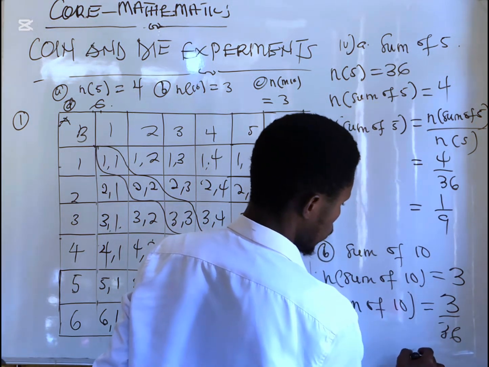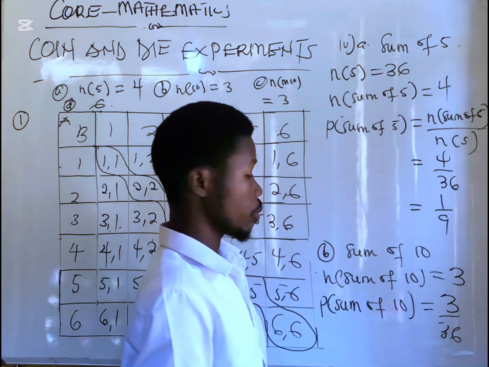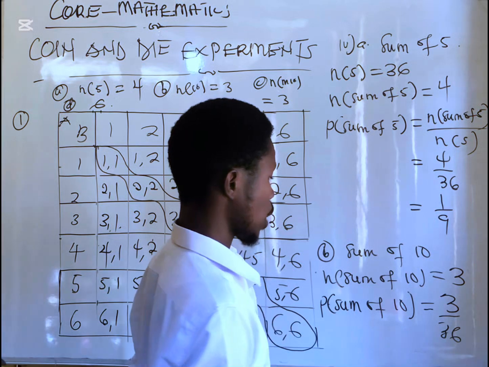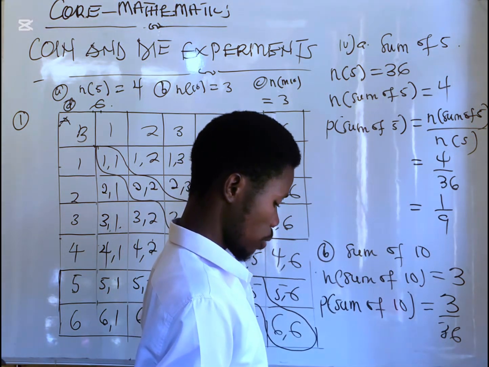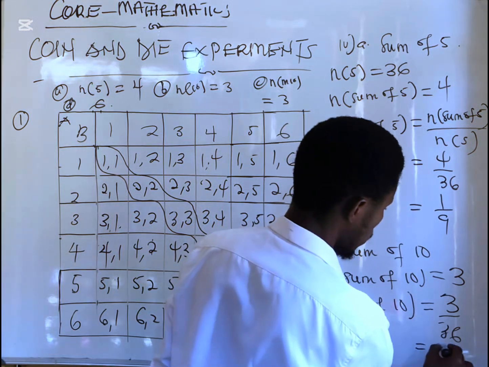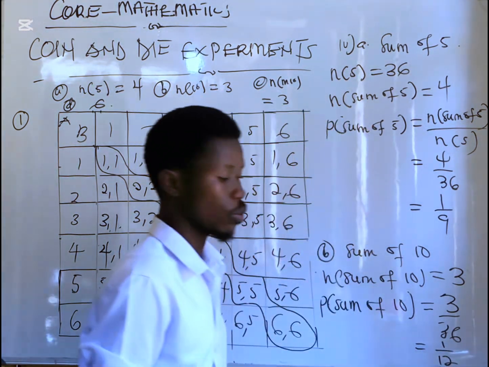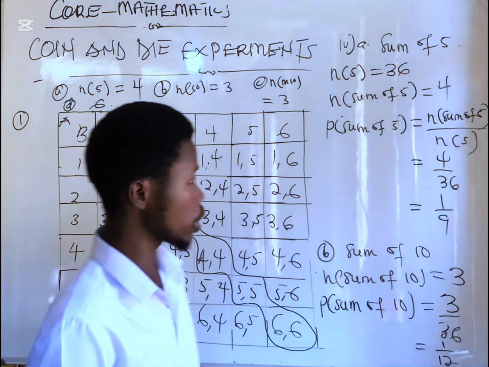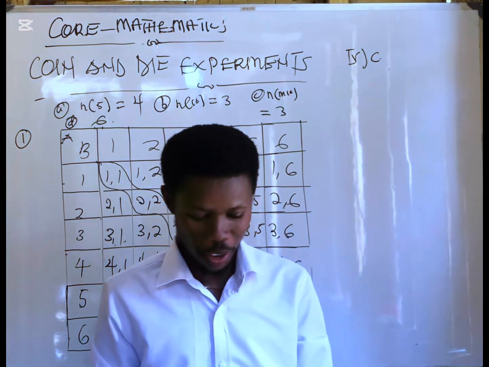Is that okay? So this one you can break down. 3 can go into itself 1 and go into 36 12 times. So we are going to have 1 over 12. Is that okay? Good.